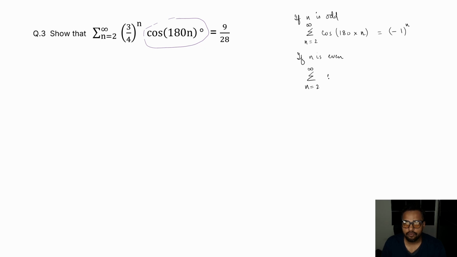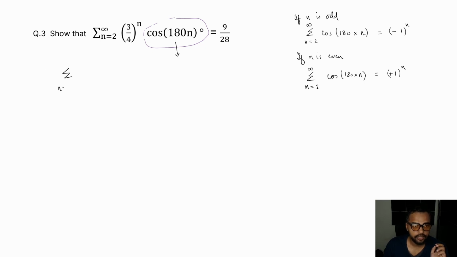What value will we get for cos 180 cross of n? That is positive. So for this part we have two conditions, that n is odd and n is even. For n is even, no issue is there, but for n is odd, the value which we'll be getting is negative of 1 raised to the power n.